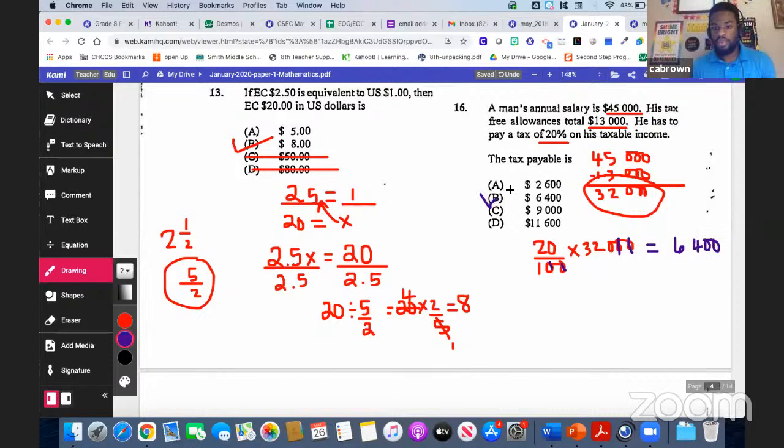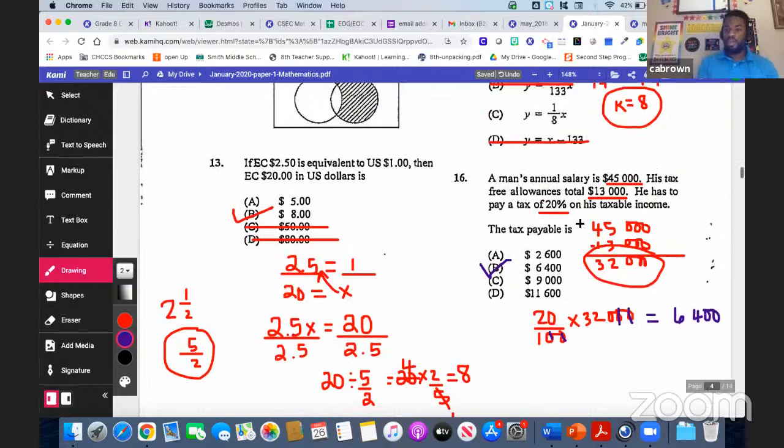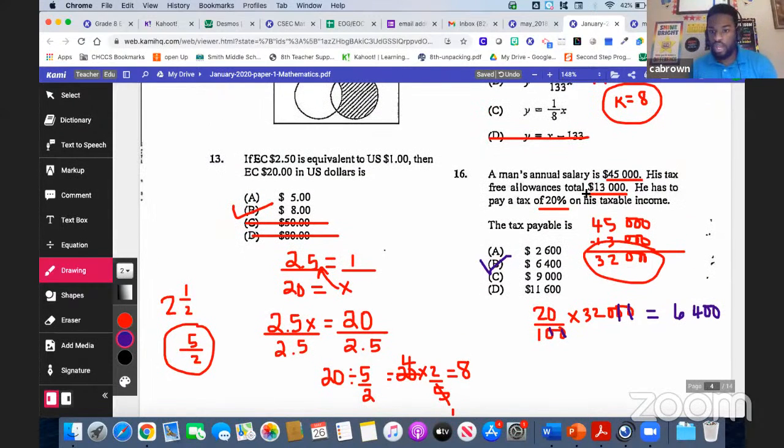All right, so for this one, you had to read it carefully because it says that his tax-free allowance totals 13,000, which means that there's no tax that is added to that 13,000. So he has to pay $6,400 in tax.